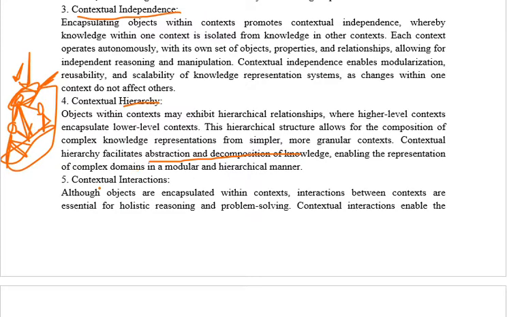So next one is contextual interaction. So what is the contextual interaction? So what is the interaction in general? First relate the particular topic in general so that you can understand the main aspect of that particular thing, and you can interlink with the concepts which are there in the KRR subject. So what is the interaction in general? Interaction means interacting one on one.